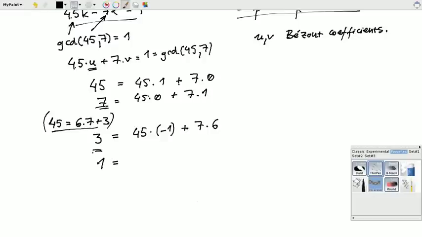And 1 is equal to 7 minus 2 times 3, which is equal to, after we put inside those equations, 45 times 0 plus 7 times 1, that is 7, minus 2 times 45 times minus 1 plus 7 times 6.